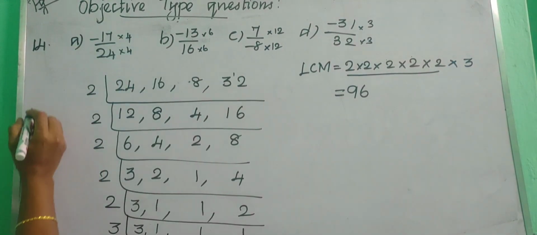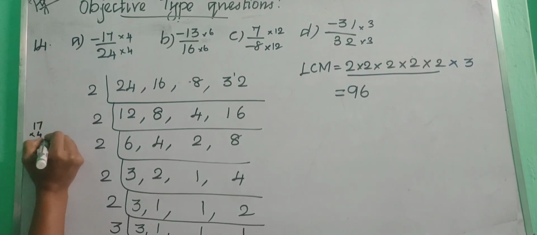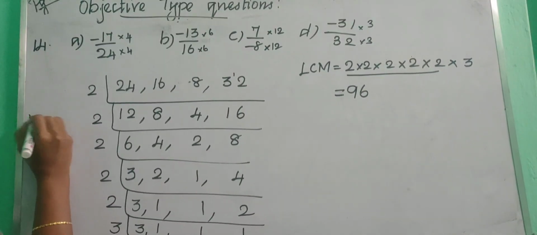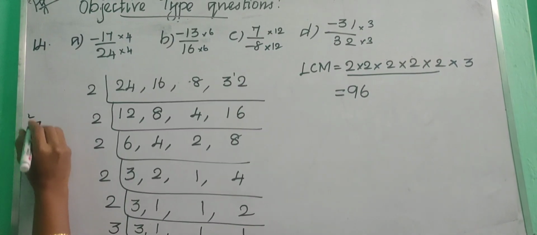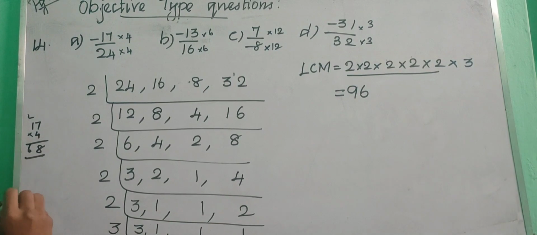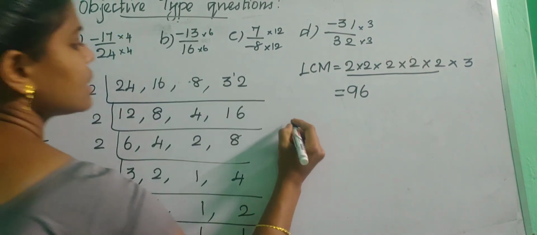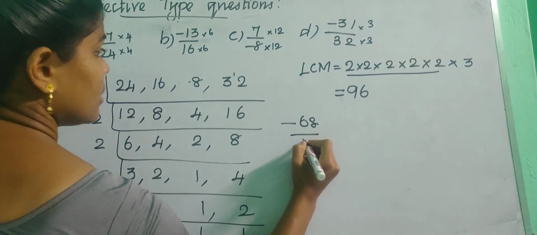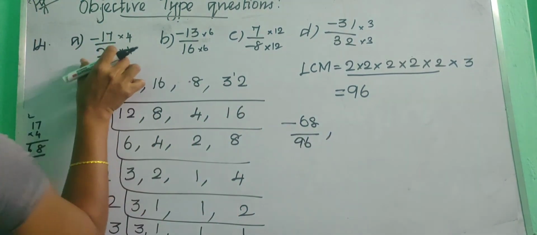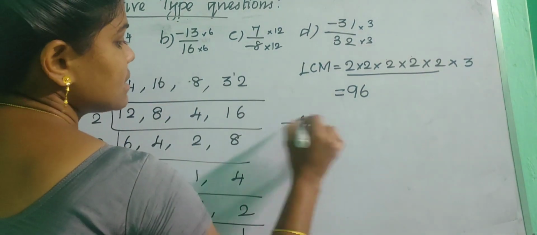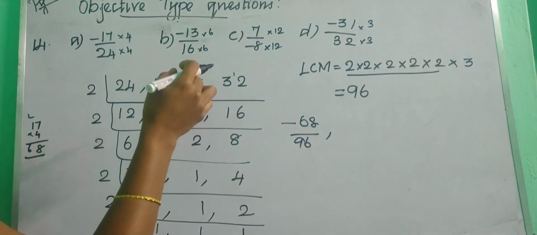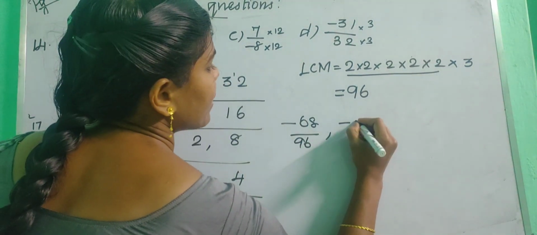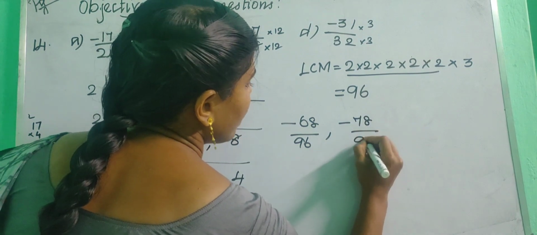So 17 into 4, multiply, 17 into 4 is 68. First of all, for this we are getting minus 68 upon 96. This is the first term. And then the second one, 13 into 6, 13 6s are 78. Minus 78 upon 96.